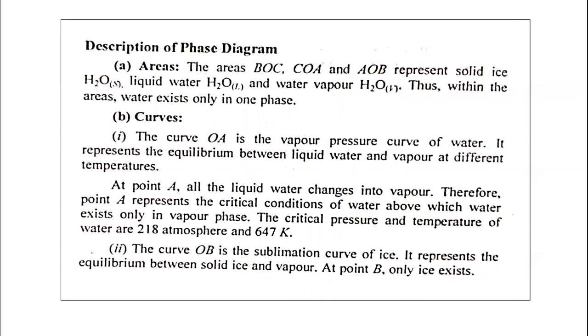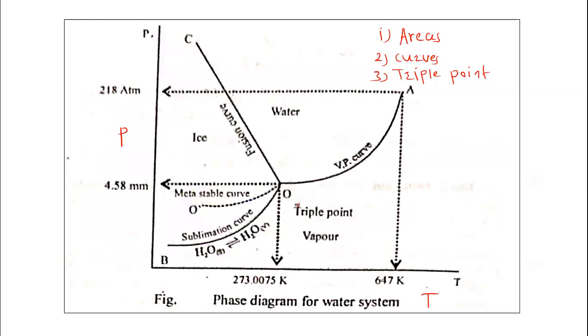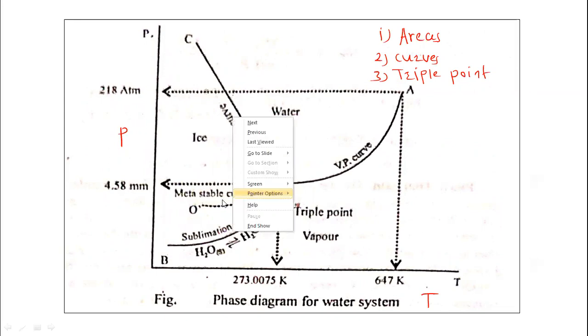So three areas are there. Thus, within the areas, water exists only in one phase. The number of phases in the areas is equal to only one.